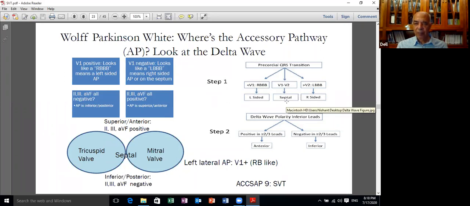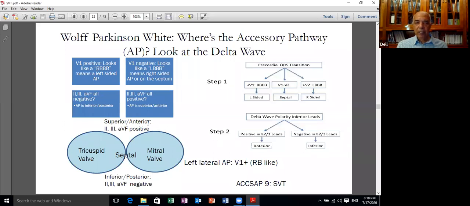And the next step is to look into the inferior leads. If the inferior leads 2, 3, and aVF show a positive delta wave, a positive complex in 2 of the 3 leads or more, then it's anteriorly located, activating the ventricle from above downward. And if it is negative in the inferior leads, it is inferiorly located.